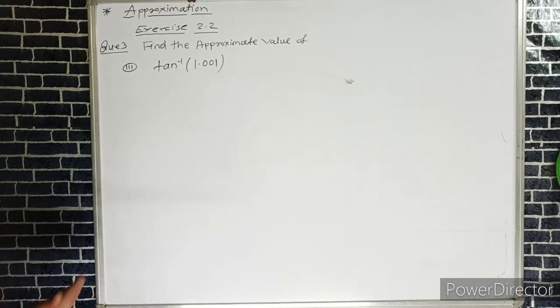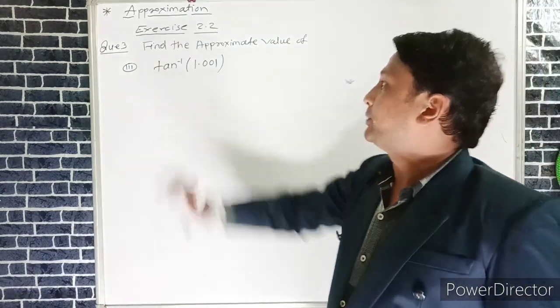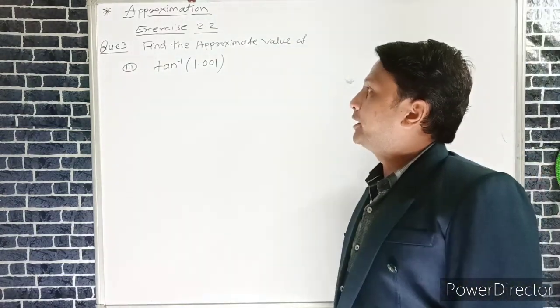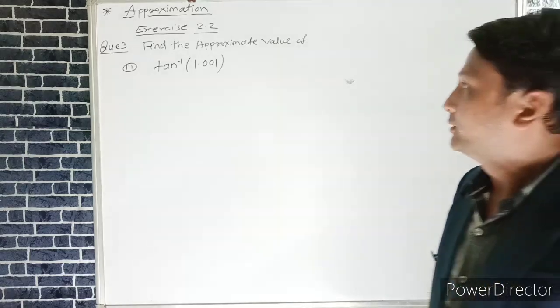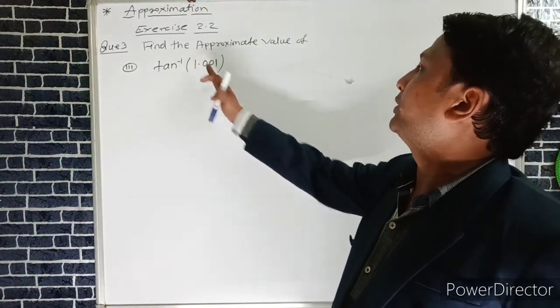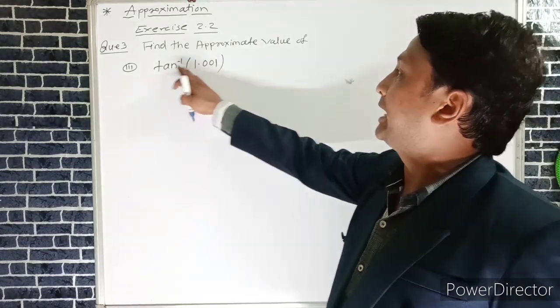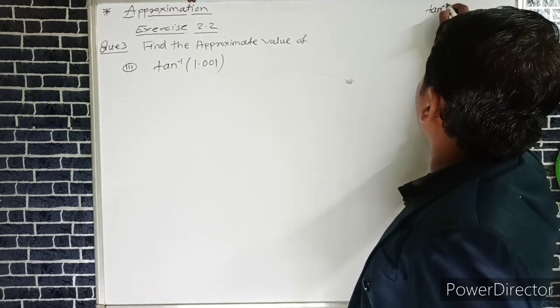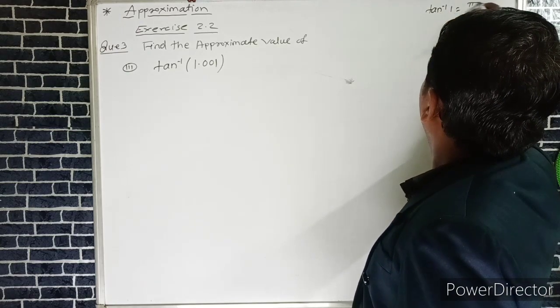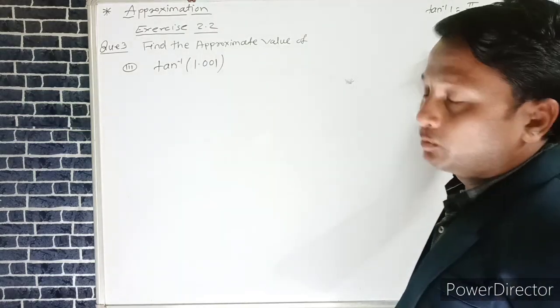So again, the last example in question number 3, the third example, is tan inverse of 1.001. We have to find the approximate value of tan inverse of 1.001. We know that the value of tan inverse 1 is pi by 4, but it is difficult to find tan inverse of 1.001.